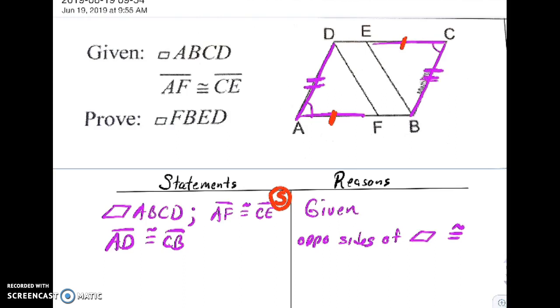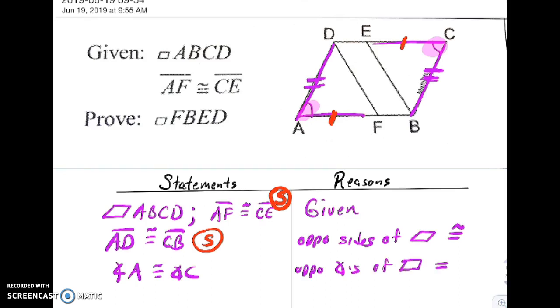Opposite sides of a parallelogram are congruent. That gives me another side. And then what we already talked about was this angle A and this angle C are congruent, because opposite angles of a parallelogram are congruent as well.